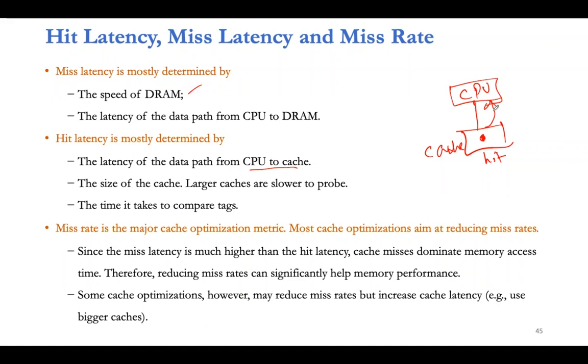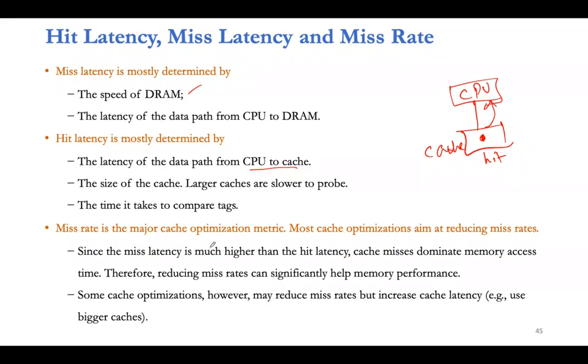If it is a larger cache, then the latency is slower. With smaller caches, there is less latency. The time it takes to compare the tags also increases or decreases this latency.